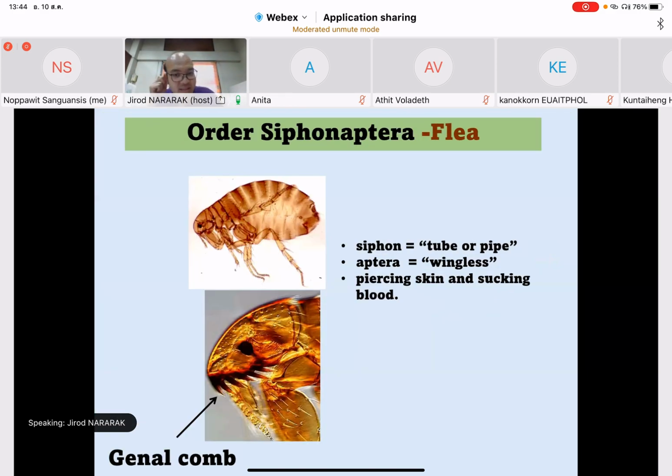I think this is the last one, this is order Siphonaptera. Siphon came from tube or pipe, so you can see their mouth part here, they have a tube or pipe.